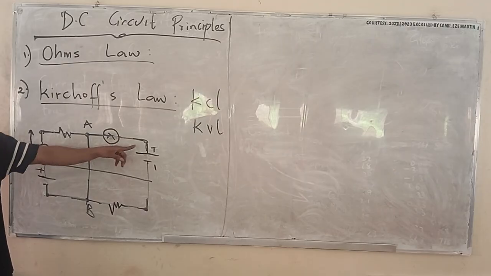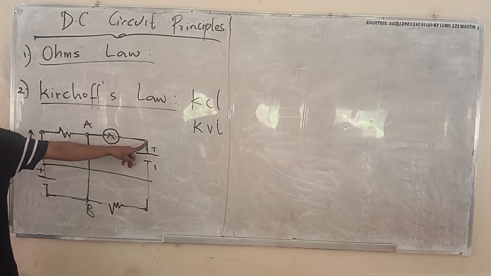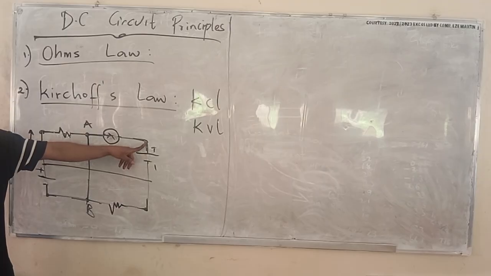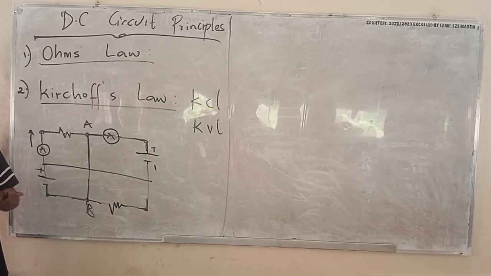Know the difference. When you have a point that links 2 wires, or a point where current can pass in 2 directions, you call it a node. But when you have a point that links 3 connections, that links 3 sources that current can pass through, you call it a junction. So every junction is a node, but not every node is a junction.